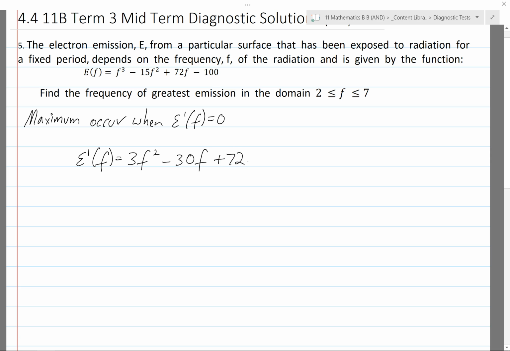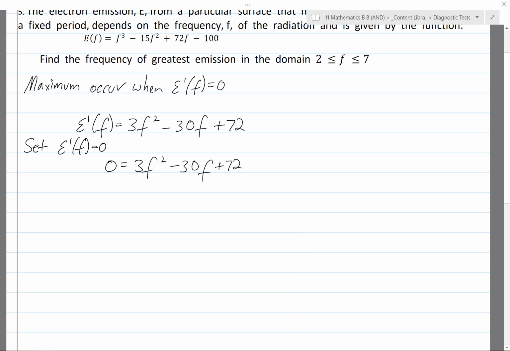If you struggle to do that, go back to question 2. Now we're going to set the derivative equal to 0 and try to find which f values satisfy that equation.